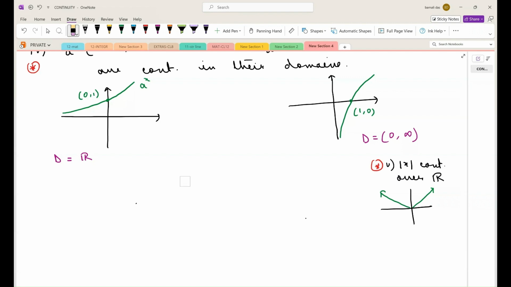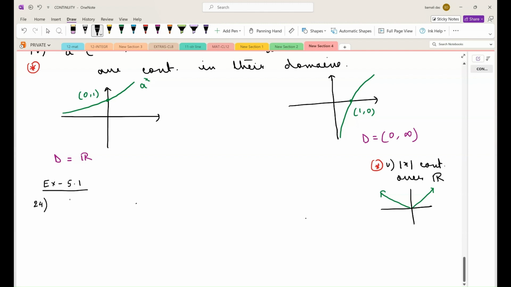Okay, so now, as I was telling, these properties help you to do some sums. As an example, I'm doing a particular sum from your NCERT exercise. In my old book, it is exercise 5.1, sum number 24.